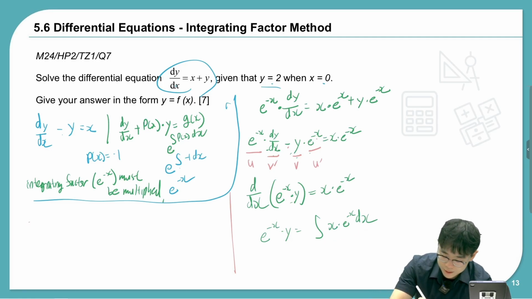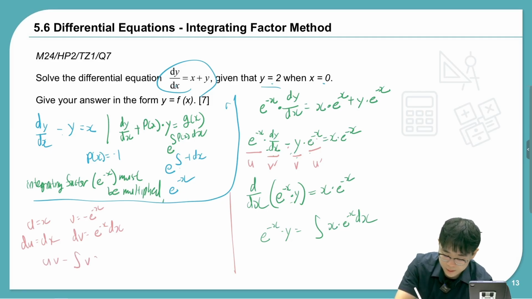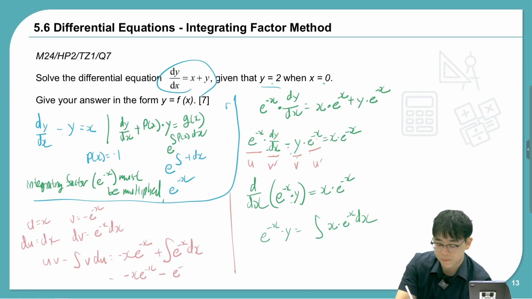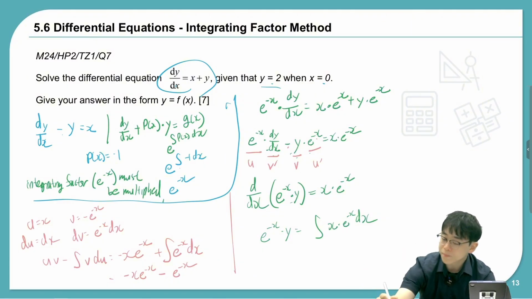So let's say that u is going to be x, du will be dx, dv will be e to the power of -x dx, and then v would be negative e to the power of -x. So if you do uv minus integral v du, that's going to be x, negative x e to the power of -x, and then plus integral e to the power of -x dx. Or that's going to be negative x e to the power of -x, and then minus e to the power of -x. So that's going to be the result of the integration by parts on the right.